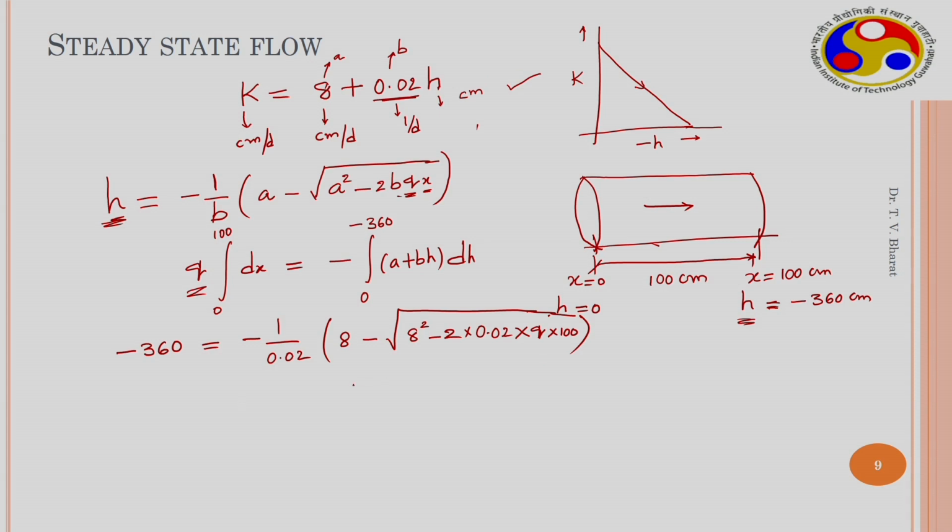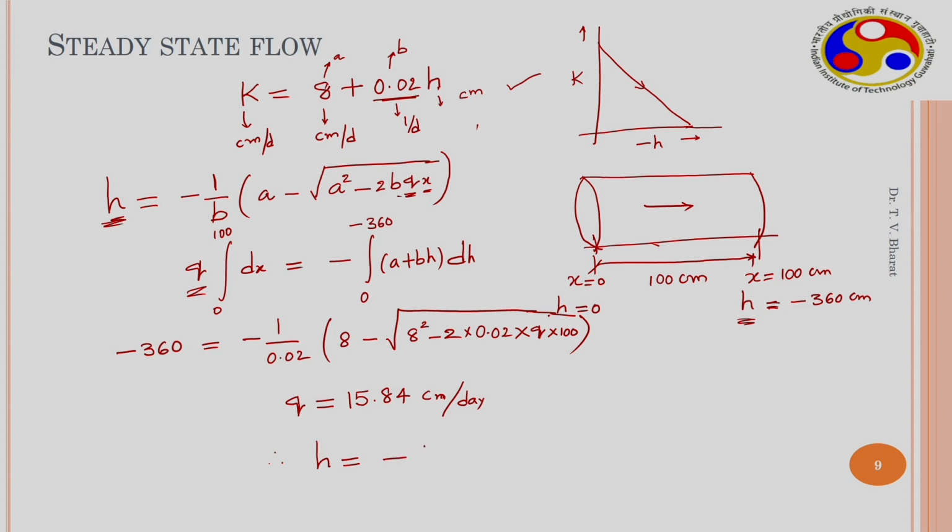If we solve this, you get the q value equal to 15.84 centimeter per day.